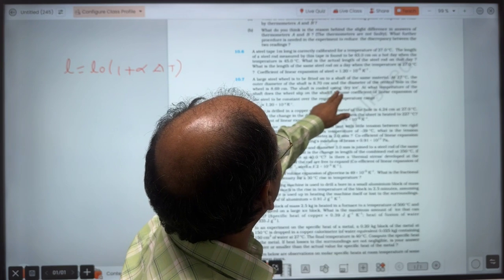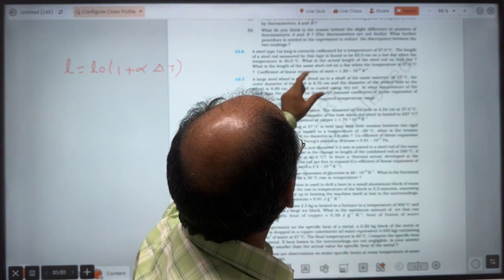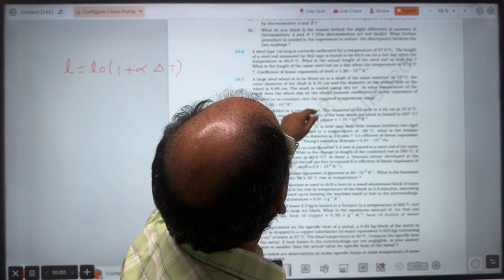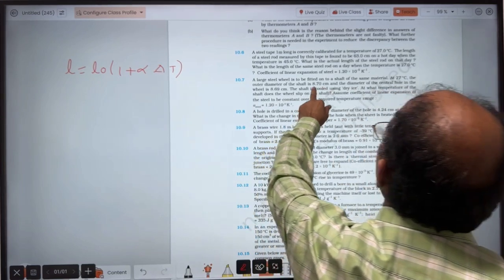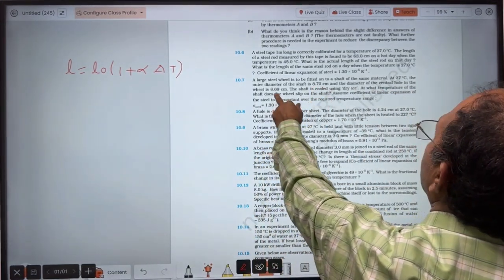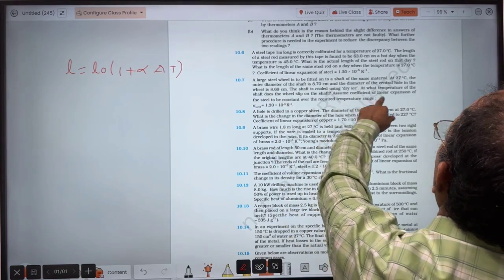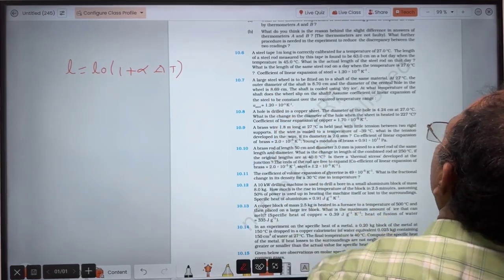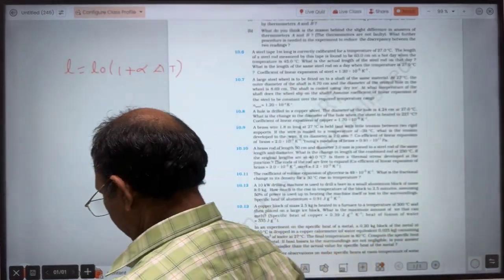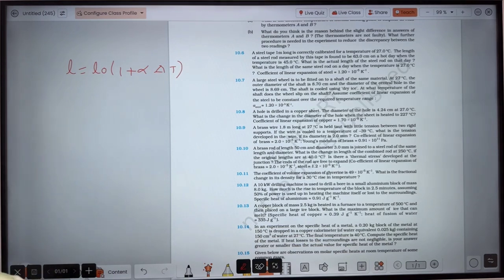The shaft is cooled because here it's more, so it will contract, right? And what is the difference? The difference between the two is 8.70 minus 8.69, which is 0.01, and alpha is given, so you can easily evaluate. So how will you proceed?